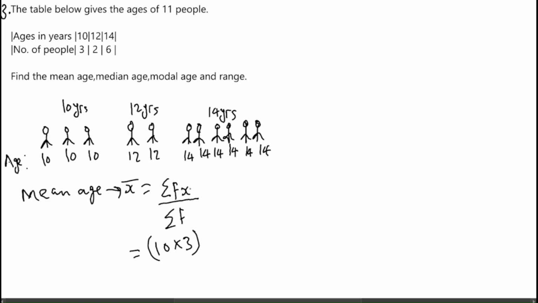So what this f of x means is, instead of you saying 10 plus 10 plus 10, which can be time consuming, you can just say 10 multiplied by 3. Then plus, instead of you saying 12 plus 12, it can be 12 times 2. Then plus 14 times 6.